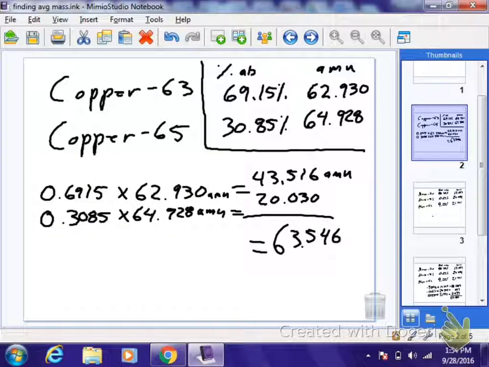If I take the actual percent and multiply it, I'm going to get an answer like 6,355. That's not halfway in between 62.93 and 64.928. So you have to divide everyone by 100.